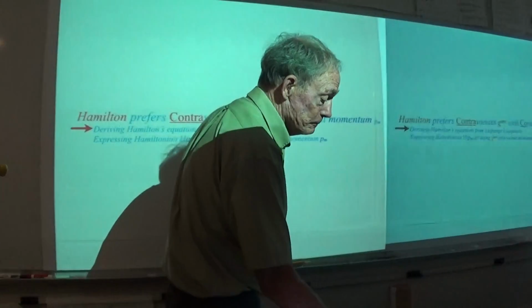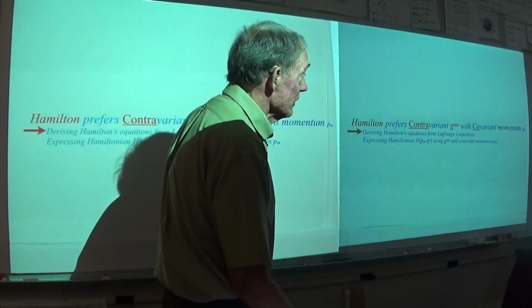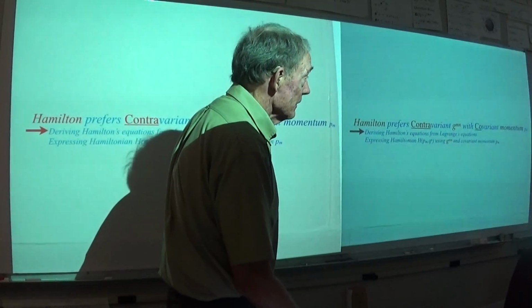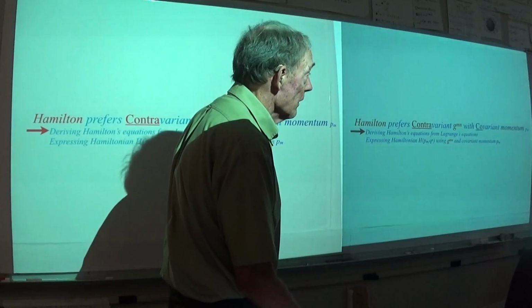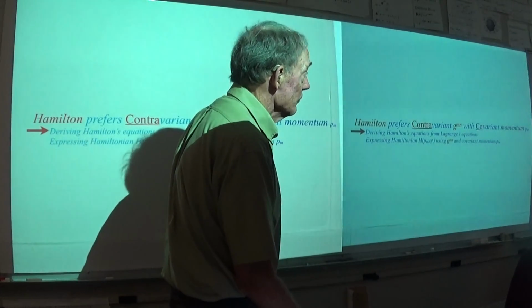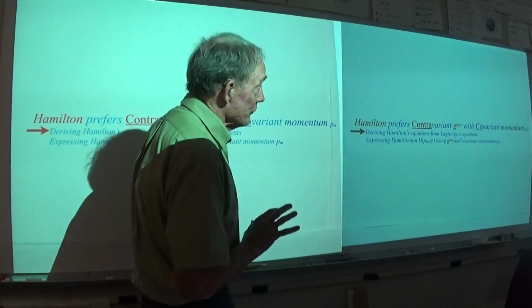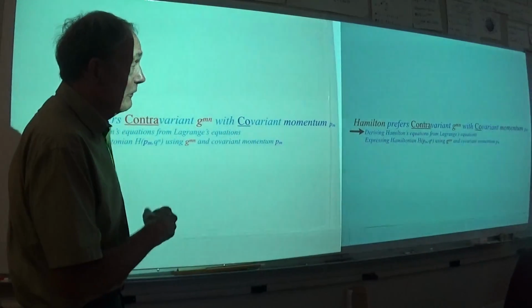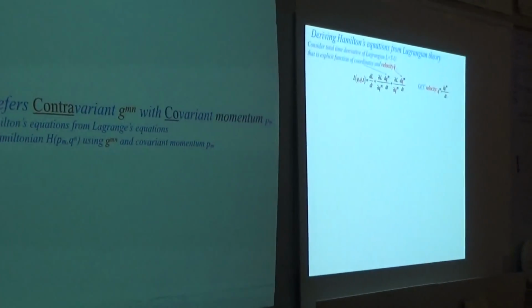So let's go ahead and get started. This being the Lagrange thing that we developed before, now we're going to do the Hamilton discussion. So how do you derive algebraically all of this stuff that the Hamiltonian does covariantly or contravariantly, depending on how you look at it?